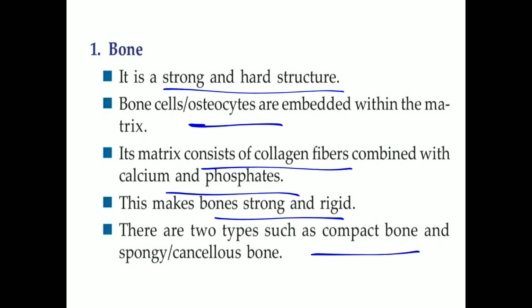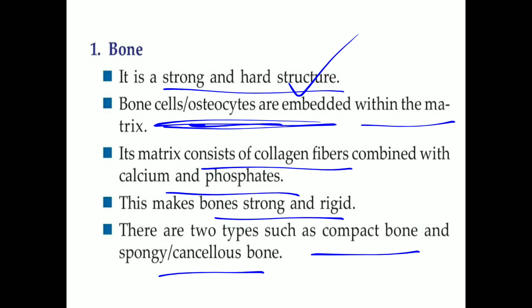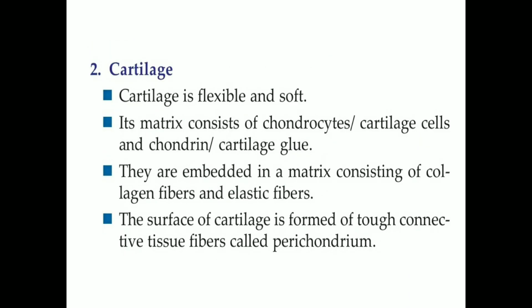There are two types, compact bone and cancellous bone. So bone is a strong and hard structure made of bone cells, osteocytes, embedded within a matrix formed of collagen fibers and calcium and phosphate deposits.